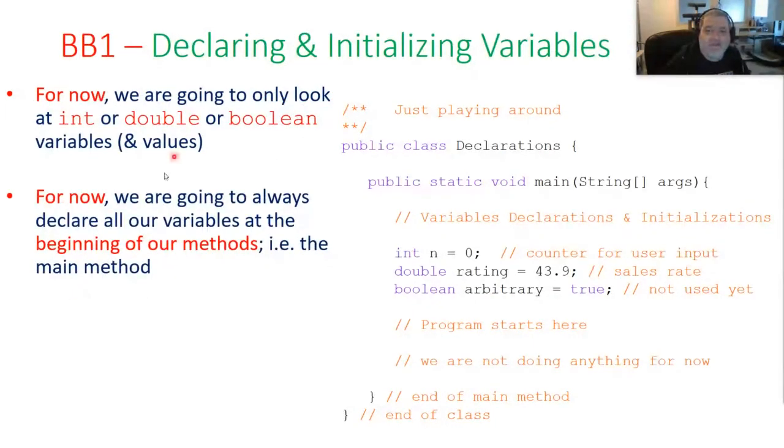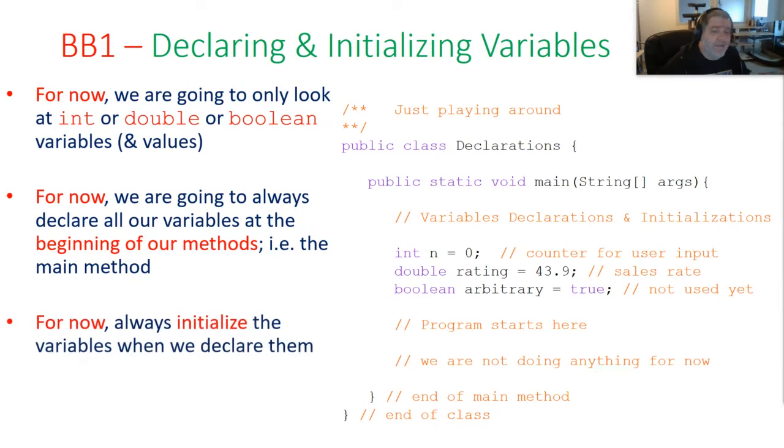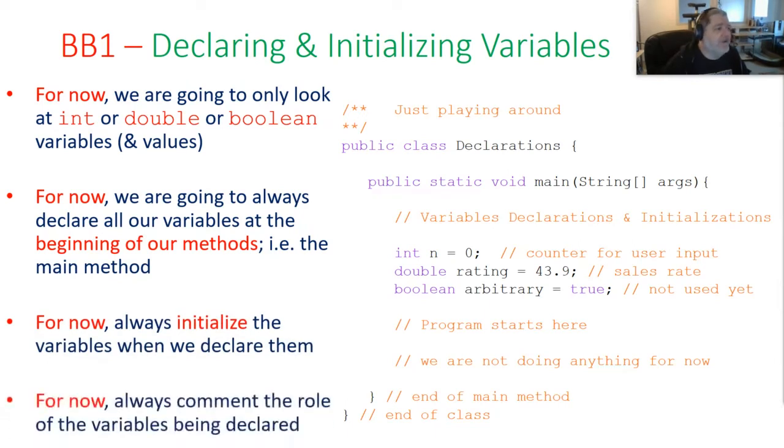So we are going to have this little rule that says always start by declaring your variables. You open a block of code, you're going to need a few variables, declare them all right there. And also, I'm going to ask you to initialize them. I already mentioned that. And I'm going to ask you to always comment the role, like I did here, okay?